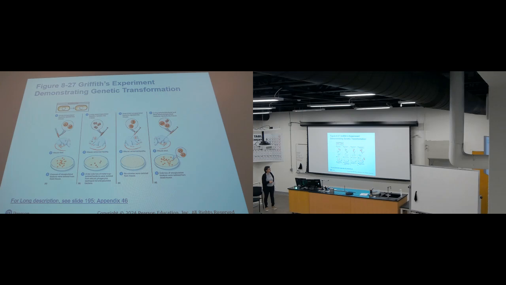Now, when you put them together, both the non-encapsulated and the encapsulated bacteria, the encapsulated bacteria shares DNA with the non-encapsulated bacteria, and then it becomes transformed. So it starts making capsule, and then when you inject it into a susceptible animal like this mouse, the mouse will acquire the infection, get pneumonia, and then die.